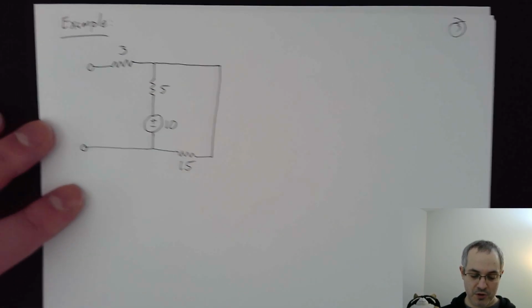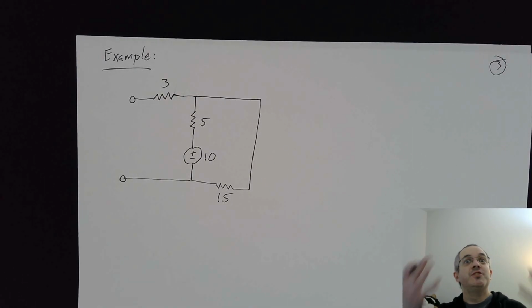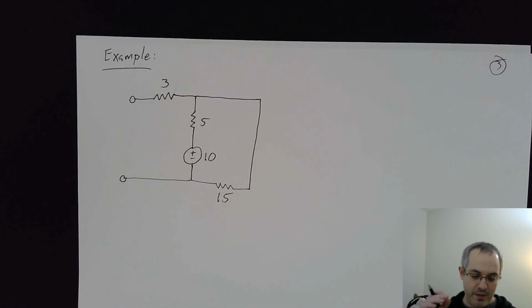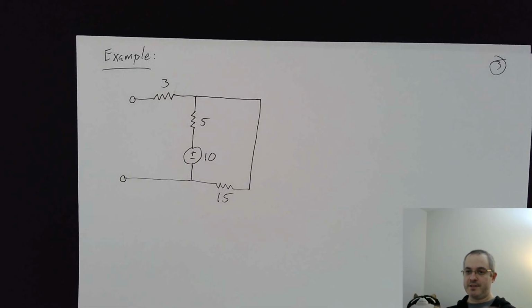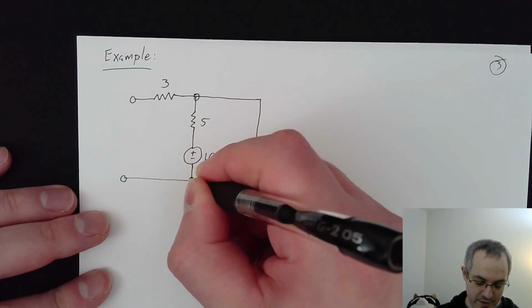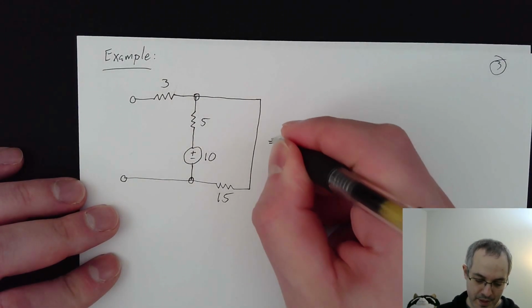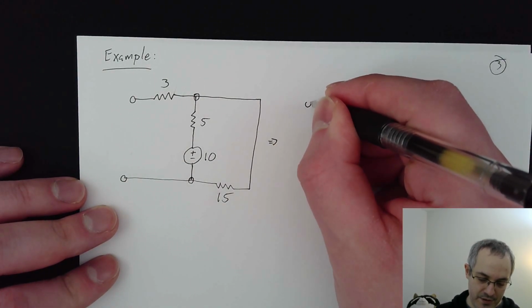So let me show you how we do that. Until you get better at visualizing this, draw little endpoints to the nodes you're going to work on, so you can focus on them. Copy the whole rest of the circuit down.